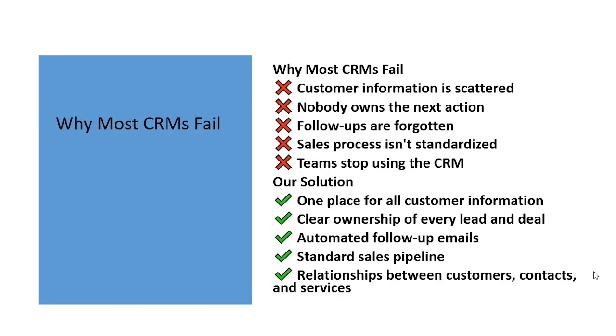There's also the issue of ownership. If no one is responsible for the next action, opportunities often stall. Our ClickUp CRM solves these problems by keeping everything in one place, assigning clear ownership, automating routine follow-ups, and providing a consistent sales process that everyone should follow.